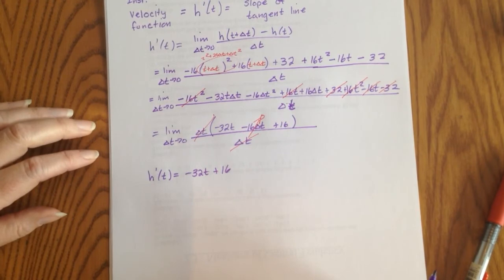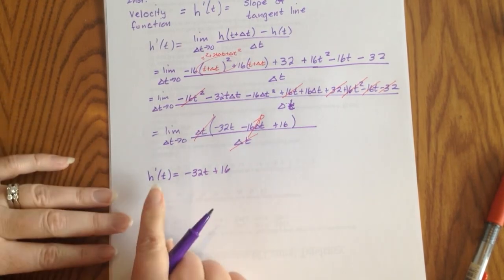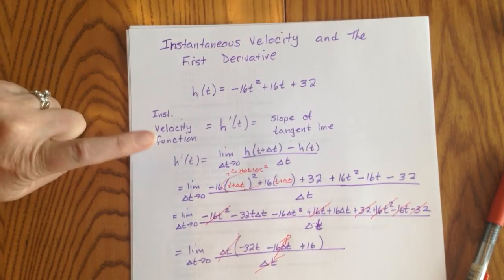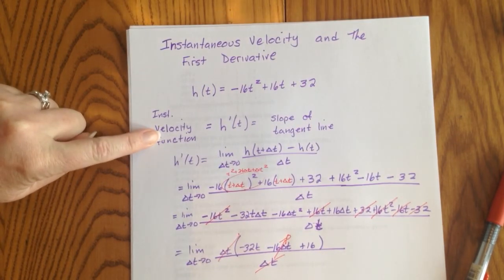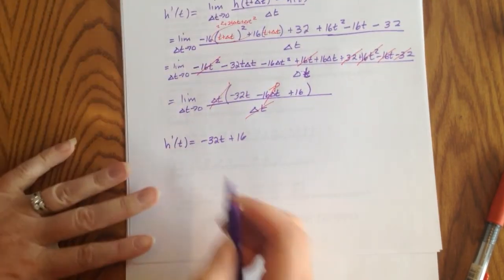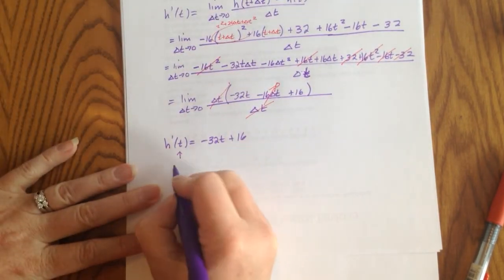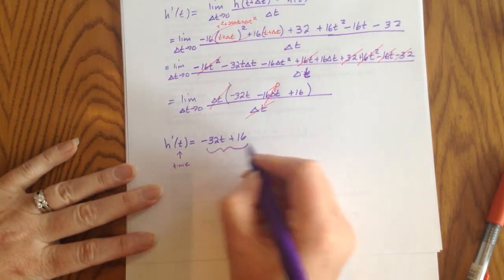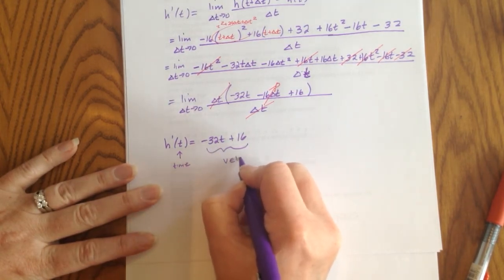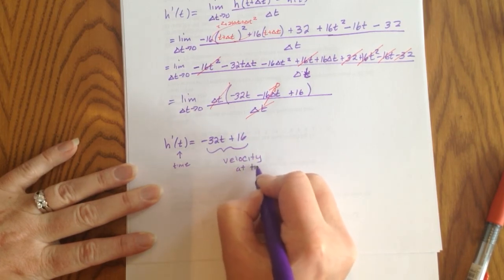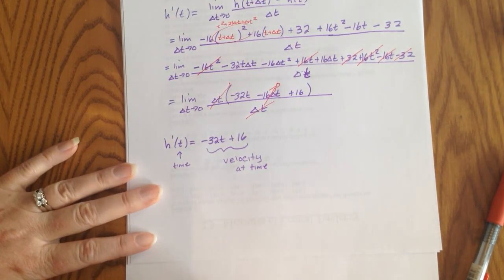But here's what I'm also telling you. This function of t is the instantaneous velocity function. What? Here's what I'm saying. You fill in any time and out will come the velocity at that time. Are you kidding?